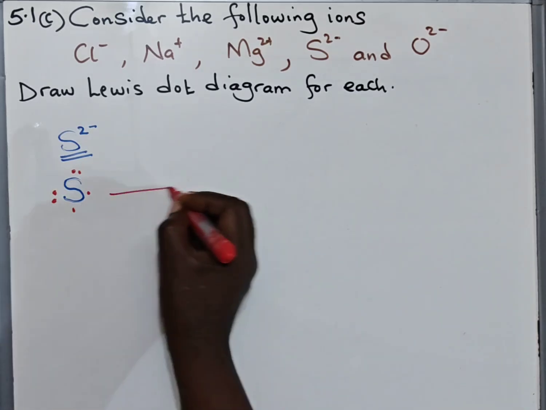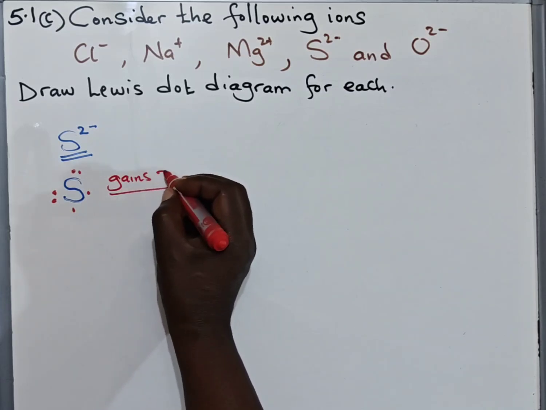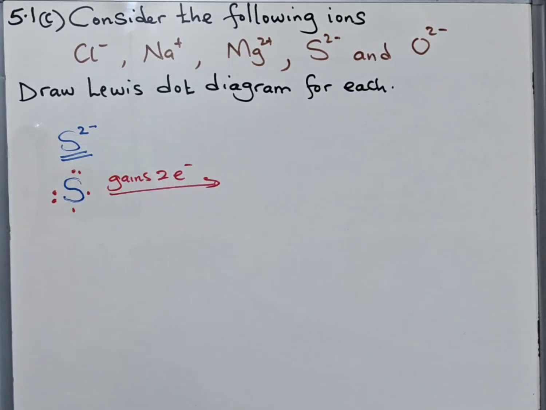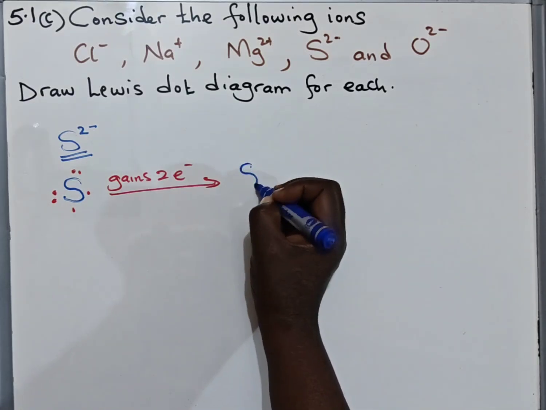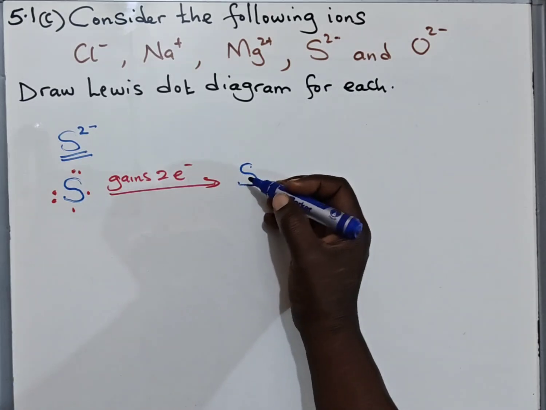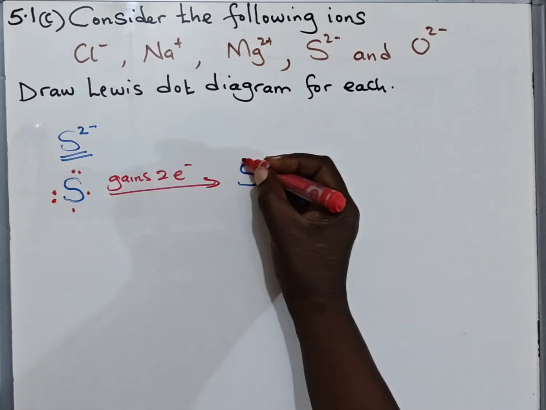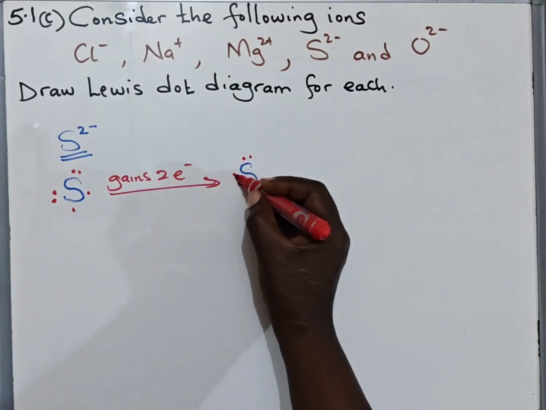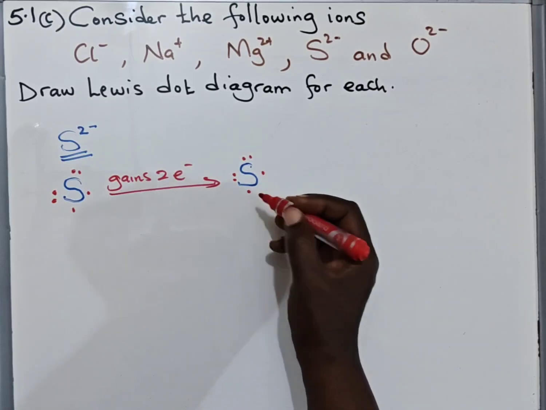So what happens? Sulfur gains 2 electrons, to give you sulfur, and we represent all the electrons around. We have 2 here, 2 here, 1 here and 1 here.